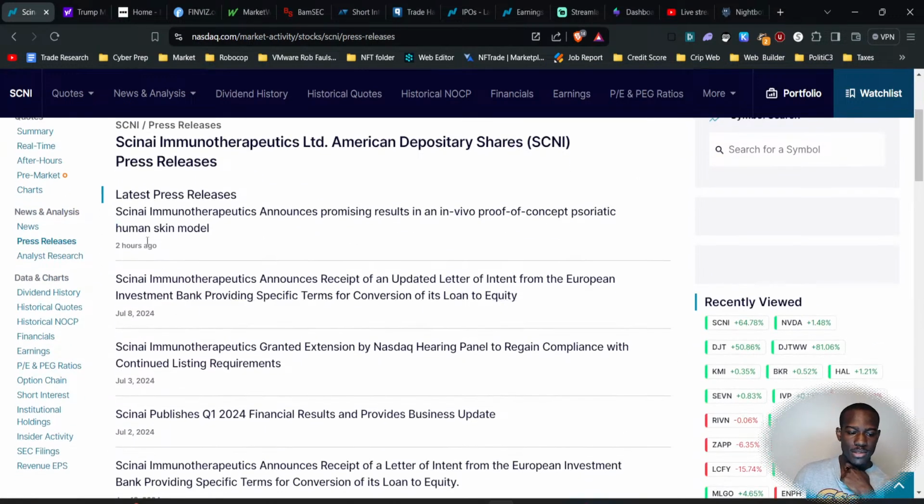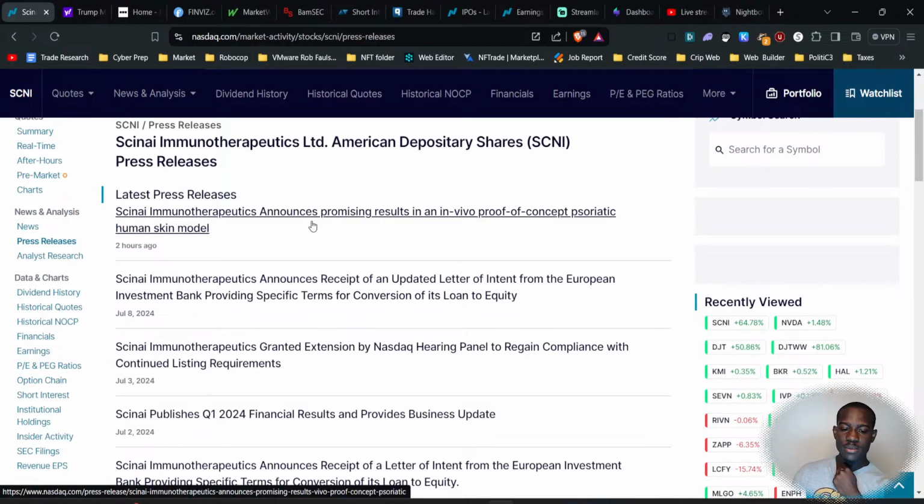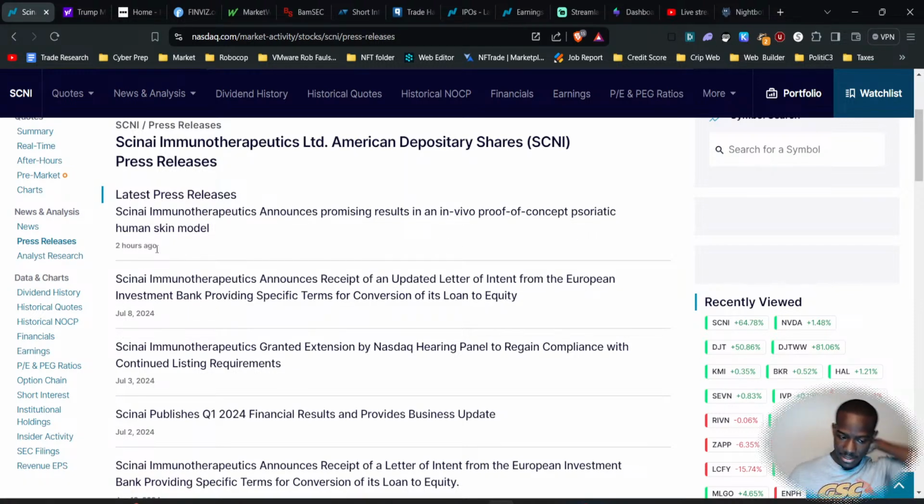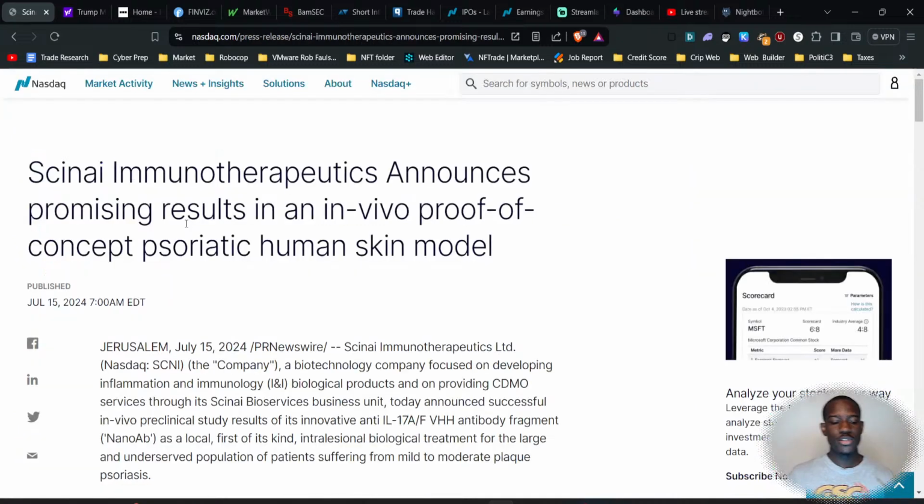And let's see. Sinai Immunotherapeutics announces promising results in an in vivo proof of concept psoriatic, did I say that right? Psoriatic, whatever, human skin model. And that was posted 2 hours ago.